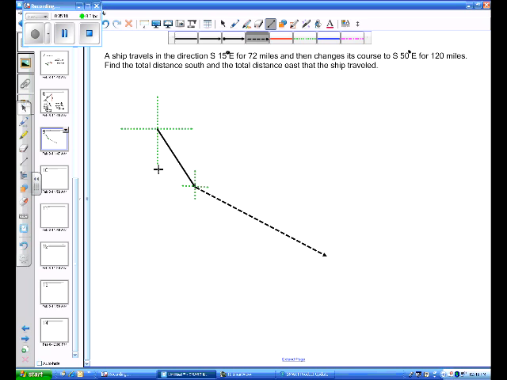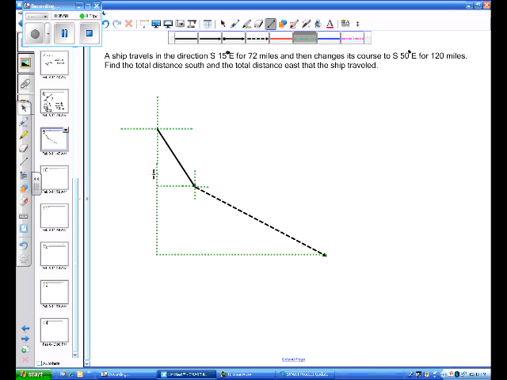Now, what we want to know is how far south are we and how far east are we now at that point? Let me just extend these lines here. Well, what we have to do is to break this into two triangles.